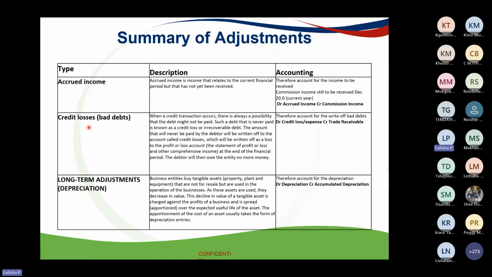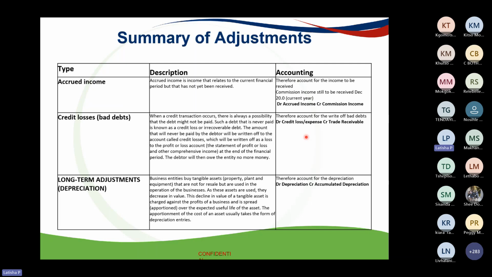What then happens is there are examples where the debt becomes irrecoverable, where the debtor is unable to pay the debt. In that case, it would become a credit loss or bad debt. That means we would have to reverse that and account for it as a loss, because initially we recorded it as income and a debtor.